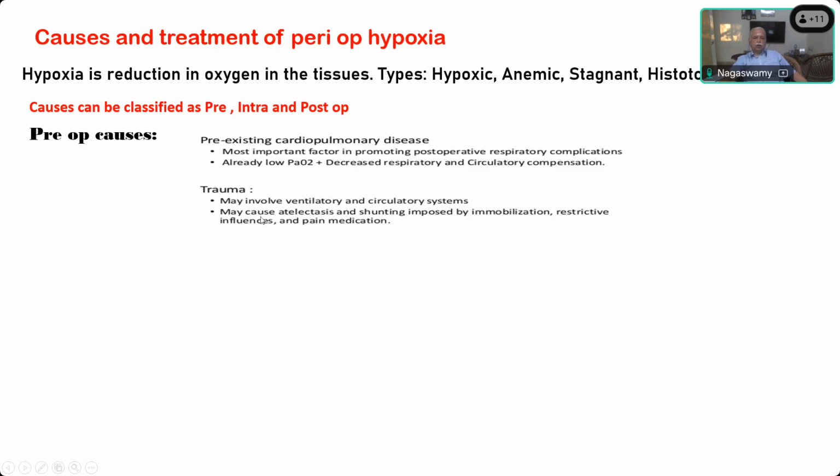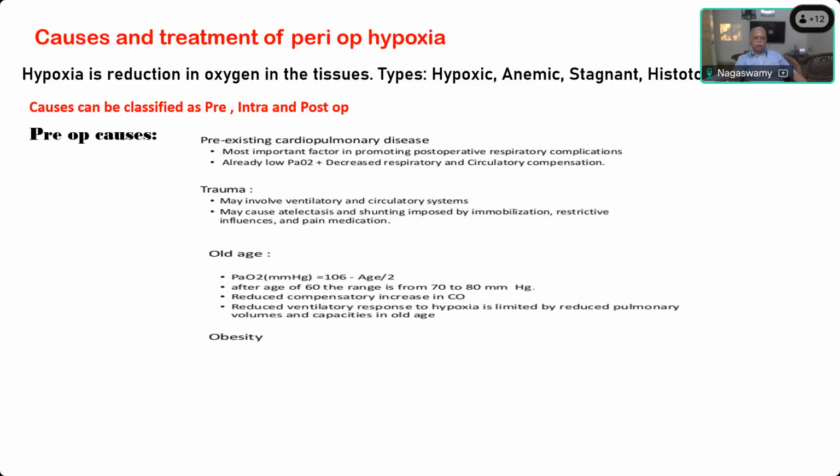Patients with acute hypoxemia are mostly encountered in polytrauma patients, which may involve the ventilatory or circulatory systems. Some may result in pneumothorax, aspiration collapse, shunting by hemodilution, restrictive infusion, pain medication. So all these are pre-op causes of hypoxemia which may be existing, or it may be because of old age.